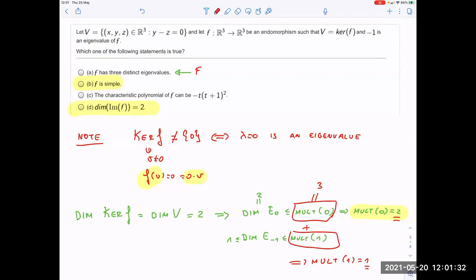Let's see if someone can say why C is false. Okay, Salvatore Lagrasta says because in the polynomial you see here, the multiplicity of 0 is 1, but it must be 2. And so this is why this is false.